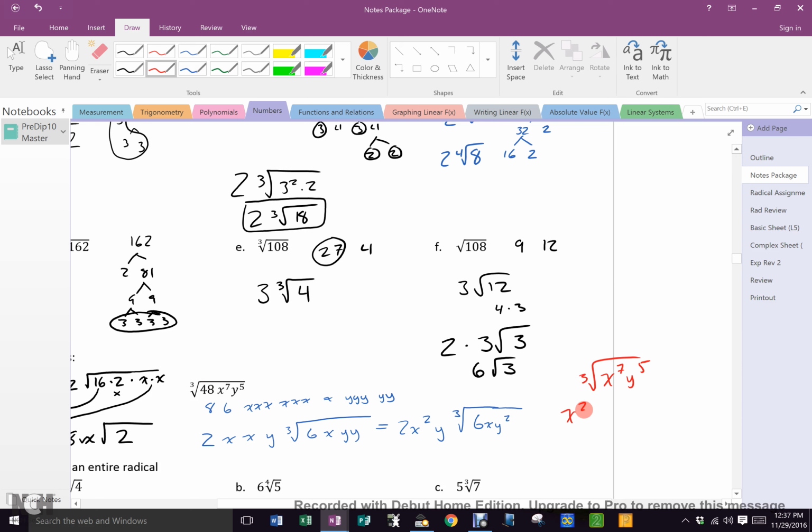So out comes x squared, and the remainder stays under there, x, because 3 times 2 is 6, covers 6 of them. 5 divided by 3 is 1, so out comes 1, and the remainder stays under there.